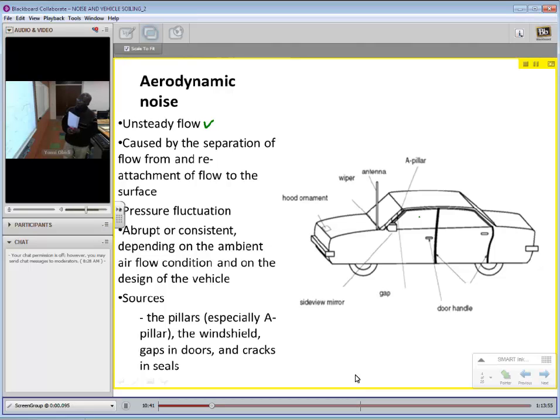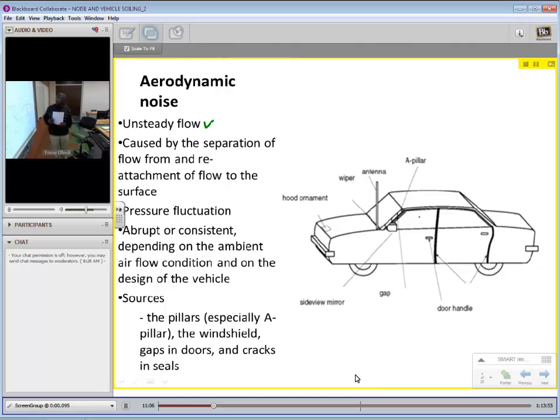It's abrupt, that's aerodynamic noise. It may be consistent, but typically it's abrupt, and it depends on the ambient flow condition and on the design of the vehicle. As we've just said, if it's a quality gauge that's used in building the body, the noise is not heard.